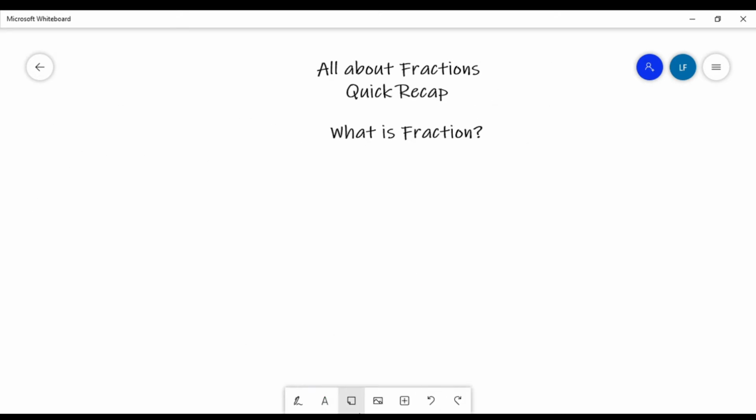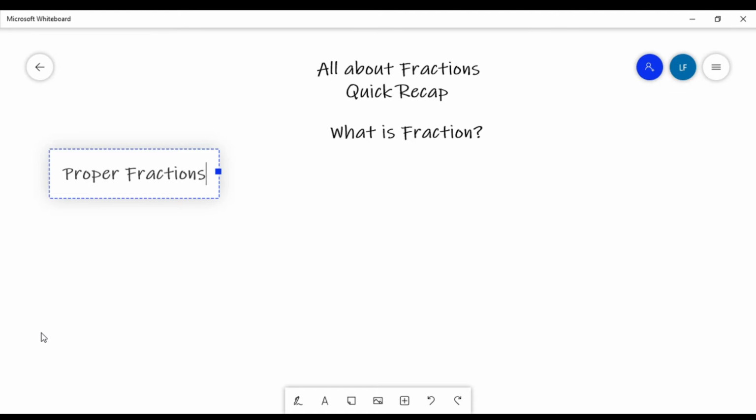Now let's learn the other three types of fractions, the first one being proper fractions. Well, what is a proper fraction?